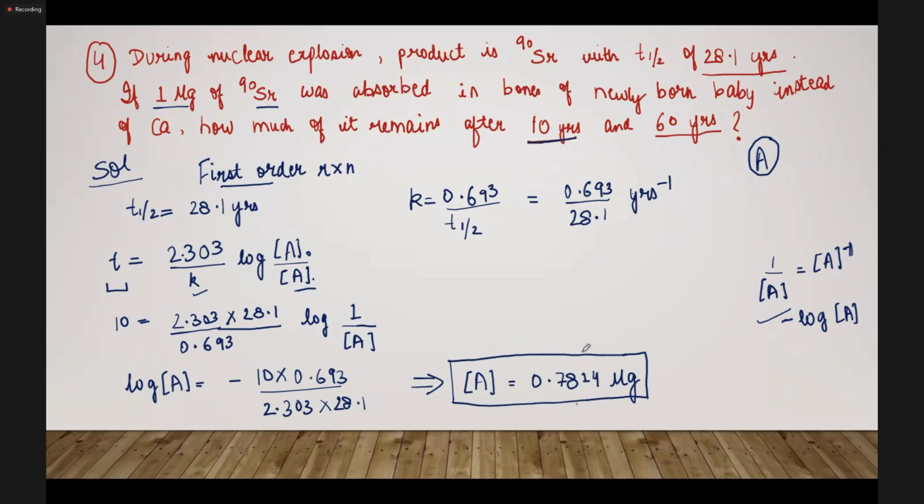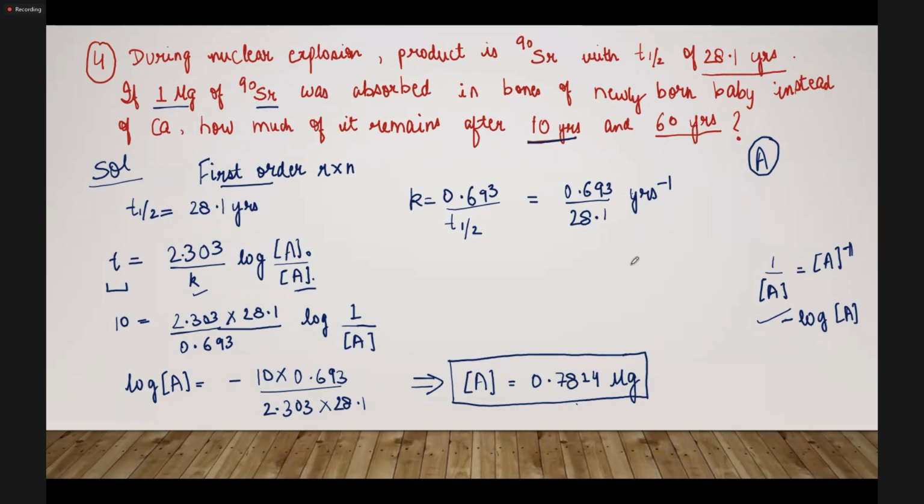Because obviously, like in a reaction, after some time the concentration decreases. Similarly here also in the body of that newborn baby, the concentration of Sr will reduce with time. So after 10 years it has reduced from 1 microgram to 0.78 microgram. That's it. Okay?